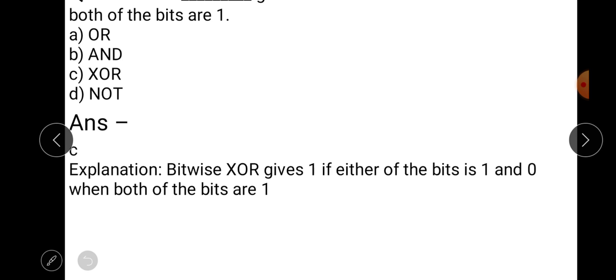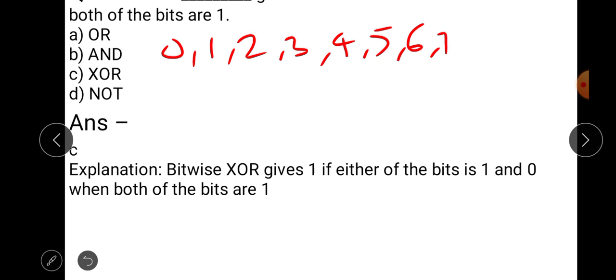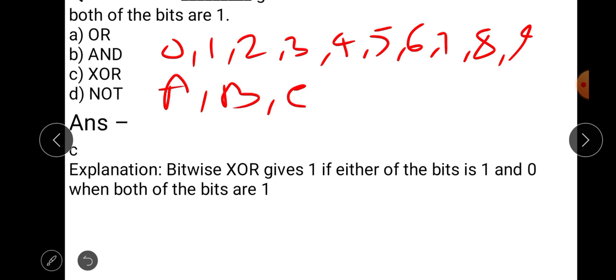So there are 16 digits or characters used in hexadecimal representation, and these are 0, 1, 2, 3, 4, 5, 6, 7, 8, 9, and for 10 we write A, for 11 we write B, for 12 we write C, for 13 we write D, for 14 we write E, and for 15 we write F.